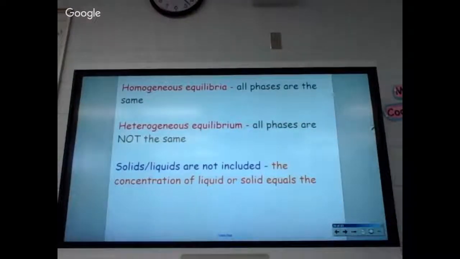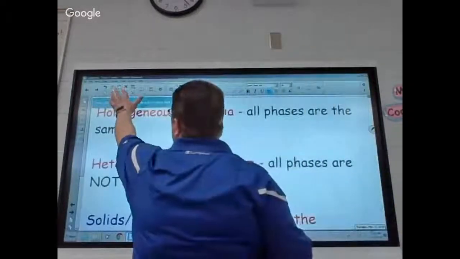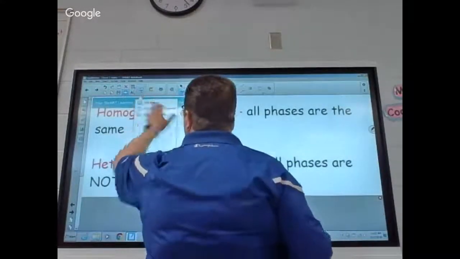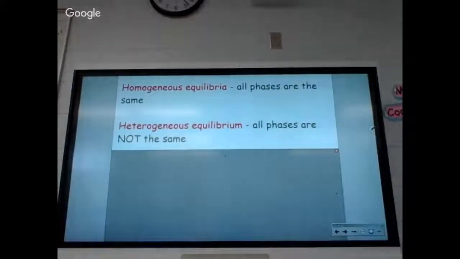What if I use these two words? Would you know what I meant if I said homogeneous and heterogeneous equilibria? Homo means same, hetero means not the same. Okay. So what would be different if you don't need this bottom part here? Don't write this. We already talked about that piece. If I said homogeneous equilibria or heterogeneous equilibria, homogeneous equilibria just means they're all the same what?